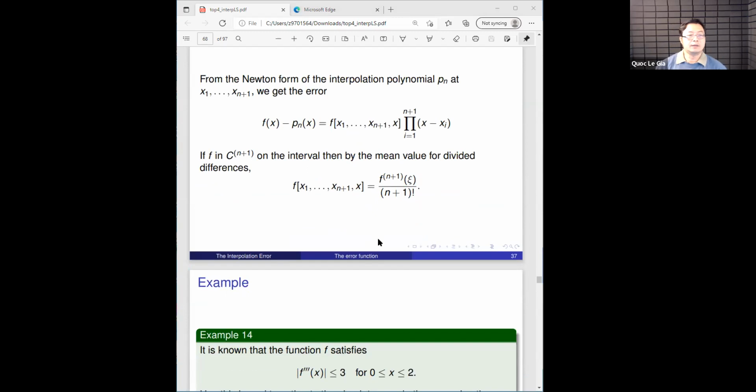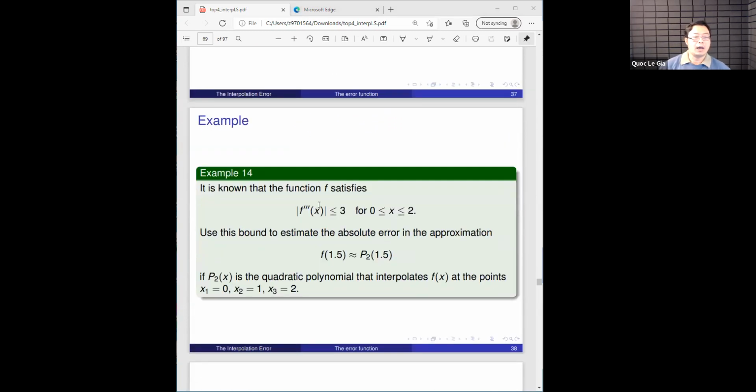So now once you have this theorem, suppose that I have an example of how to use it. Assume that I know a function f, and I know that the derivative of order 3 is bounded by 3 in absolute value over the whole interval from 0 to 2.